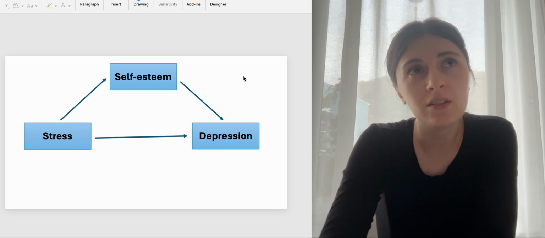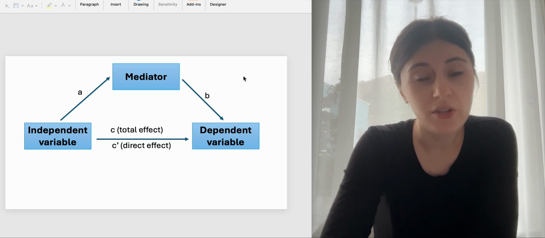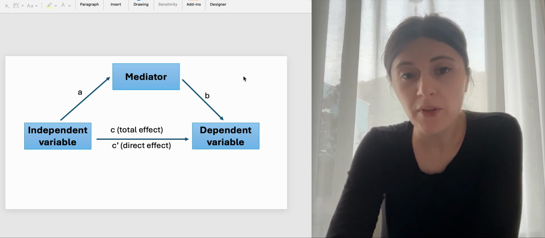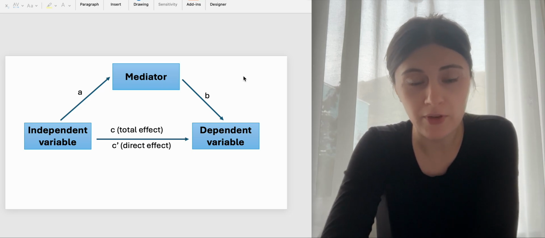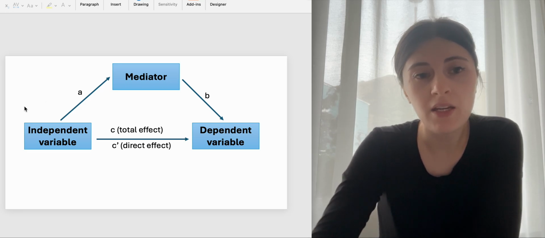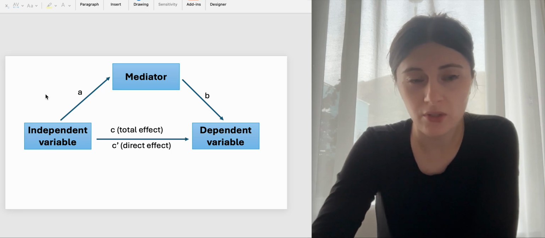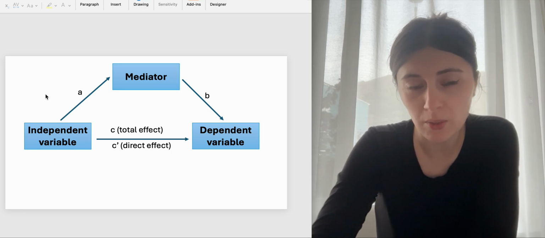Now, how we conduct mediation analysis, step by step. Here's our scheme with the independent variable, mediator, and dependent variable. First, we start with path A. Path A studies how the independent variable predicts the mediator. So in this case, the mediator is the outcome.